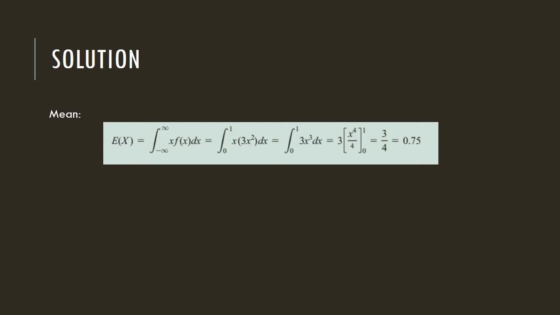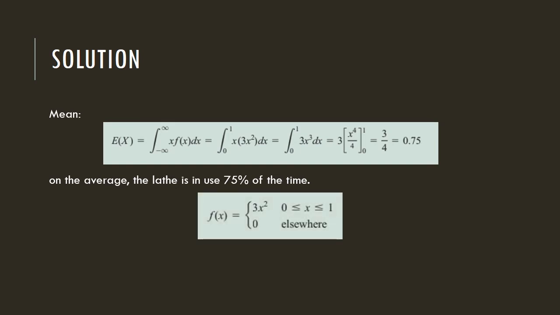Integrating 3x cubed, we get 3 times x to the 4th over 4 evaluated between 0 and 1, which is equal to 3 over 4 or 0.75. So, on the average, the machine is in use 75% of the time. Note that we integrate between 0 and 1 because the integral from negative infinity to 0 is 0 and the integral from 1 to positive infinity is also 0.